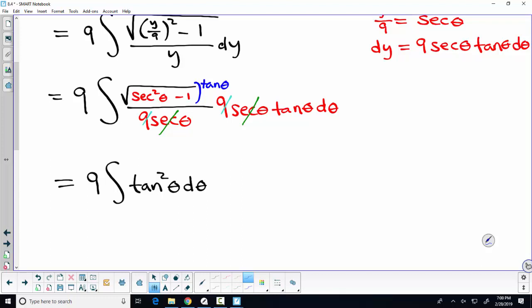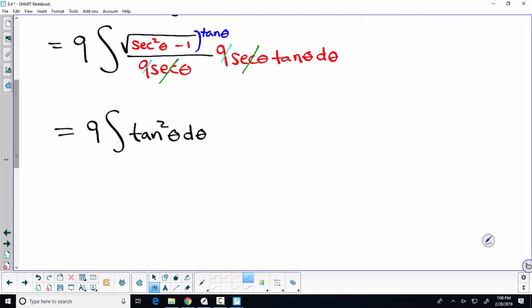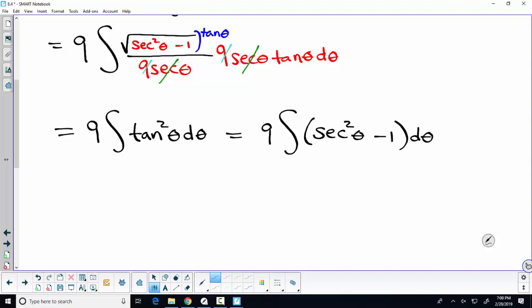Could you just change it? Which one? Secant squared theta. So to integrate tangent squared, we're going to rewrite tangent squared as secant squared minus 1, because I know the antiderivative of secant squared and the antiderivative of 1.